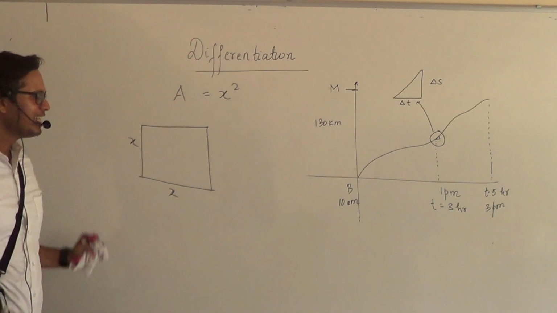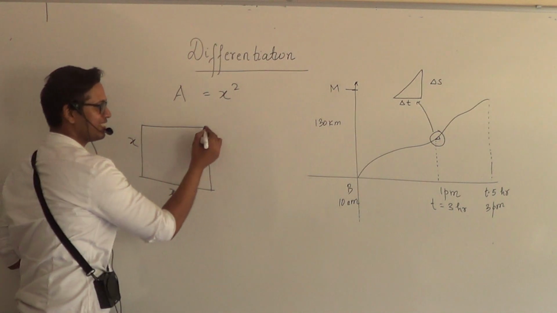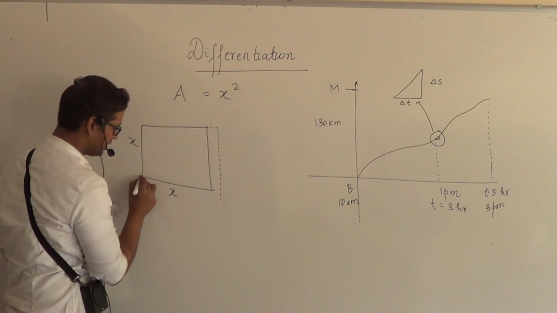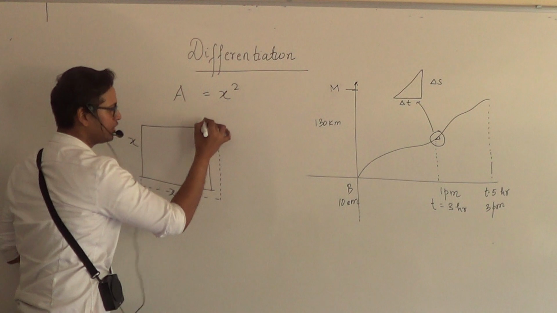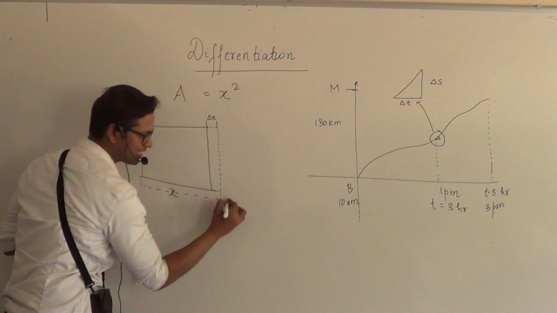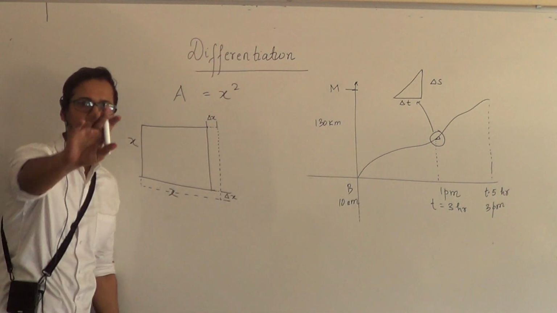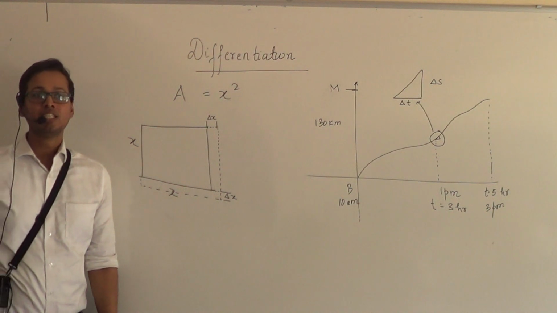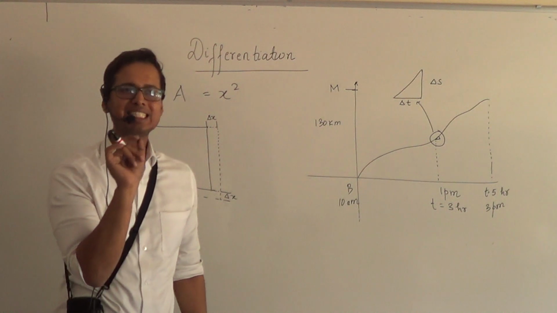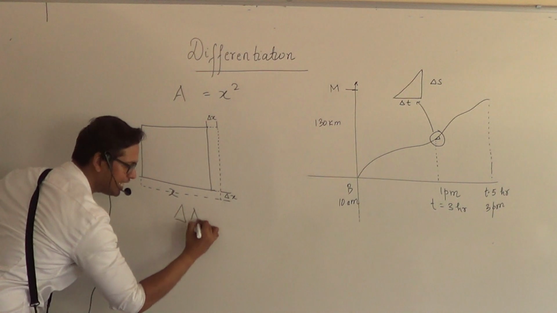Correct? Now let's say I nudge my x. I nudge my x by increasing it slightly on this side and slightly on this side. So do you see that this is a nudge delta x and this is a nudge delta x? Now I want to see, because of this nudge in the side, how much has the area of the square changed?